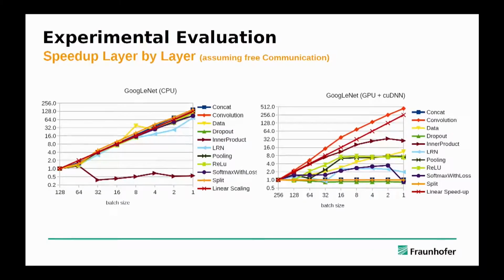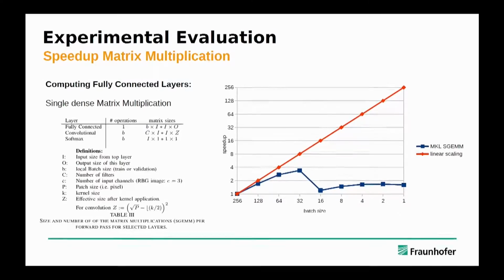And that's really devastating. On the GPU, don't be irritated by these lines here. For many, many layers, the computation time on the GPU is so low that actually the on and offloading is taking most of the time. So basically what you see is the constant time, which is the on and offloading of the data to the GPU. But again, you have poor scalability here.